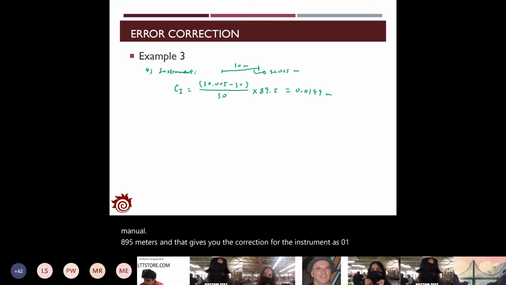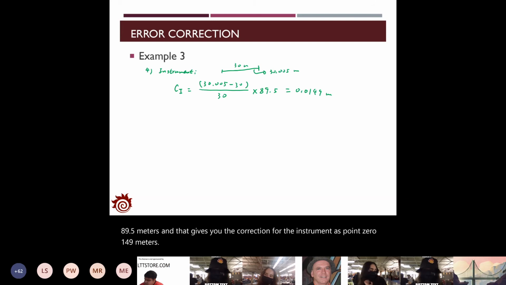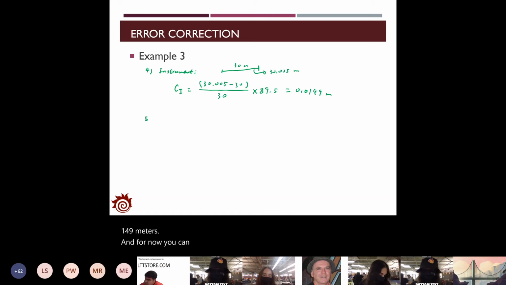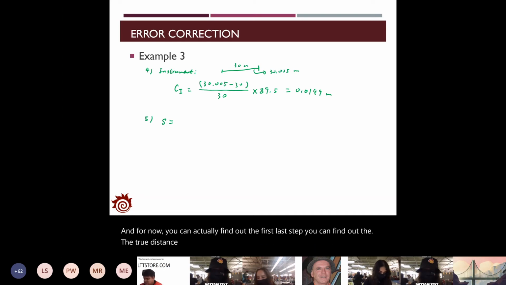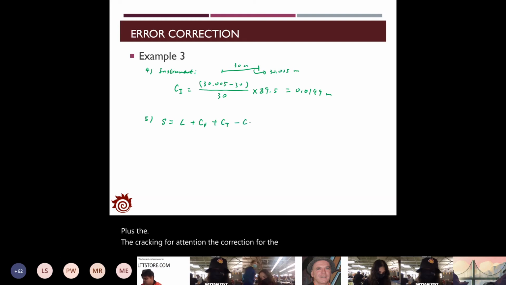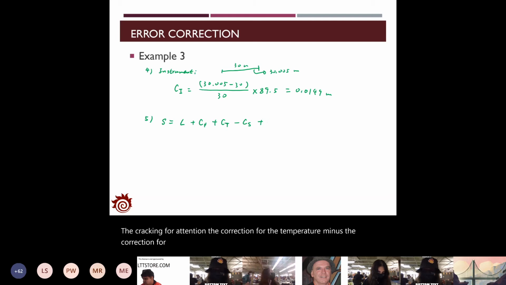And that gives you the correction for the instrument as 0.0149 meters. And for now, you can find out the last step: the true distance of the slope. It would be the distance you measured, plus the correction for the tension, plus the correction for the temperature, minus the correction for the sag, plus the correction for the instrument.